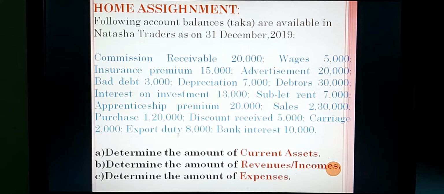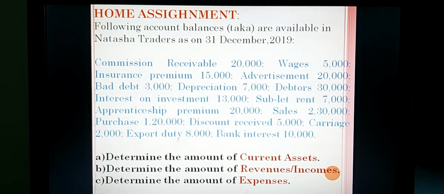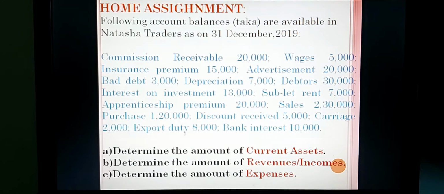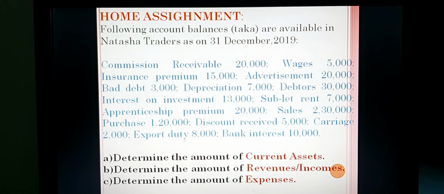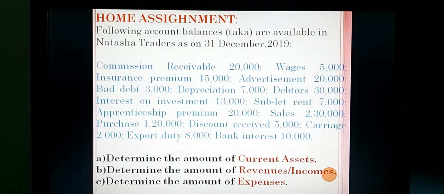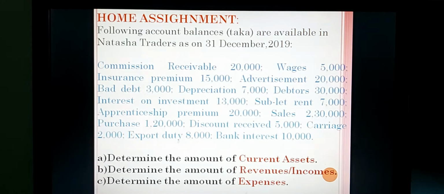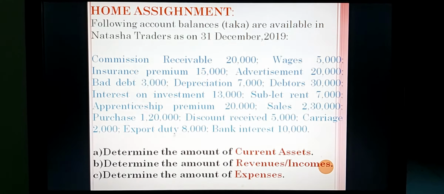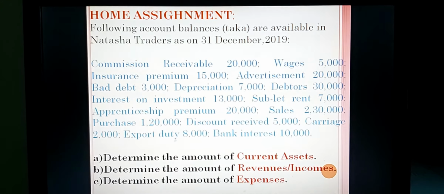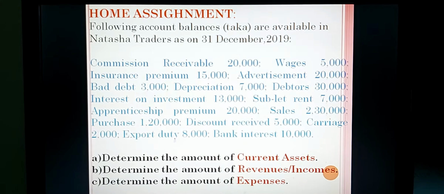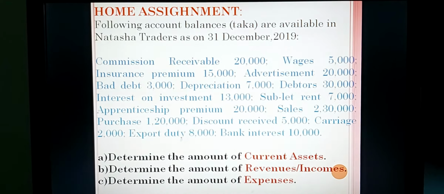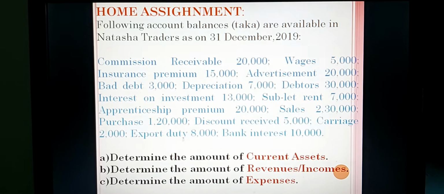The following account balances, in Taka, are available in Natasha Traders as on 31st December 2019. Commission receivable, Taka 20,000. Wages, Taka 5,000. Insurance premium, Taka 15,000. Advertisement, Taka 20,000. Bad debt, that is uncollectible debt, Taka 3,000. Depreciation, Taka 7,000.